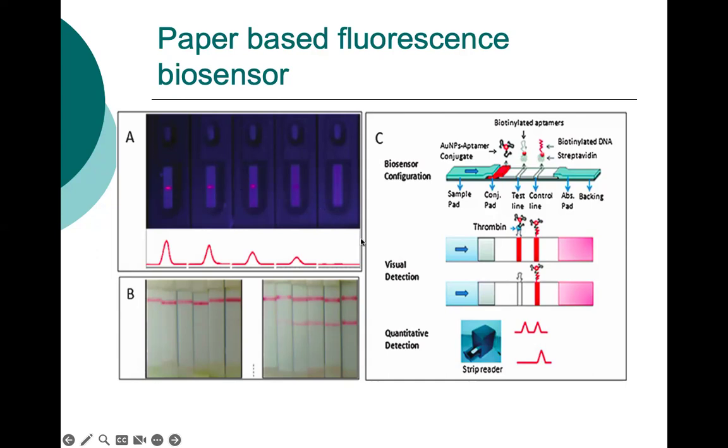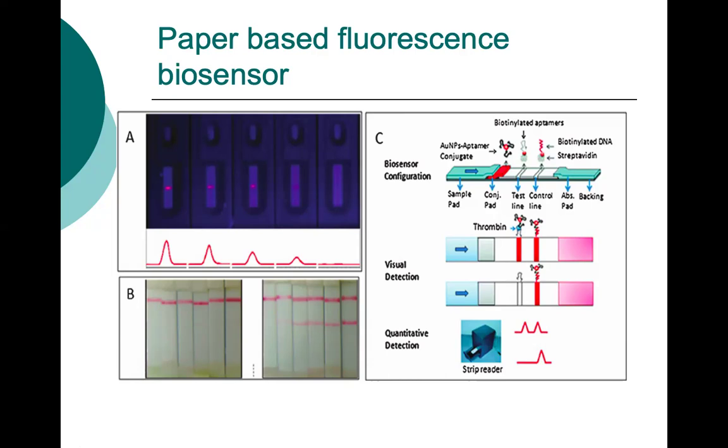The good thing about quantum dots is it is more sensitive compared to the gold nanoparticles, but the difficulty is you have to use a UV lamp to look at the lines. It cannot be observed by just naked eye. It's more sensitive because if you have experience with rapid test kits, sometimes they are not that sensitive.